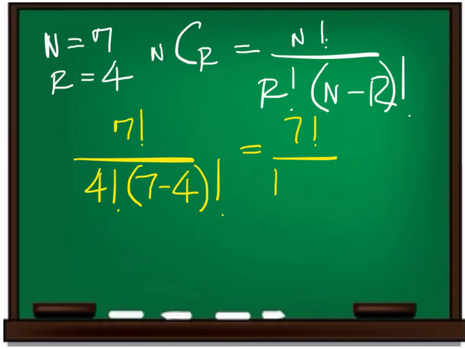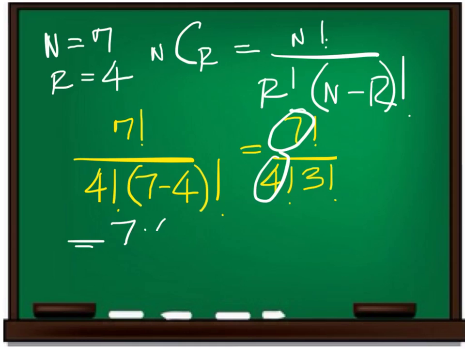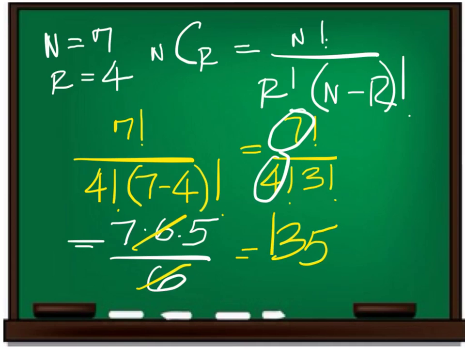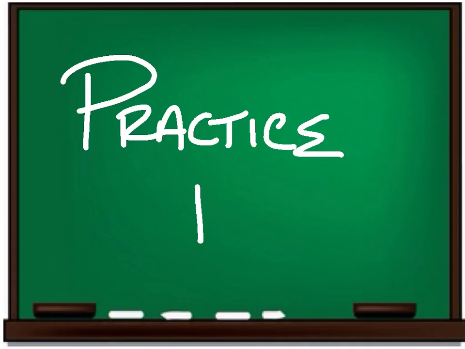That comes out to be 4 factorial, 3 factorial on the bottom. However you want to do it is fine, but I'll use the shortcut of 7 minus 4 is 3. So I just need the first 3 terms of 7 factorial. And then on the bottom, 3 factorial is 6. So I could cancel out and get 35. Try this one and bring it up.